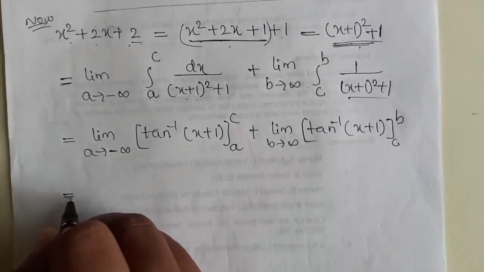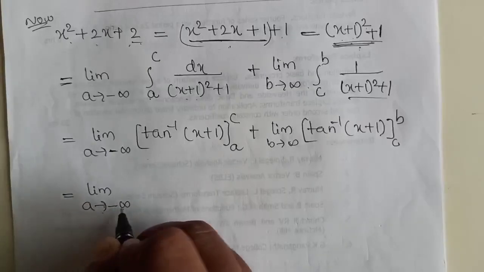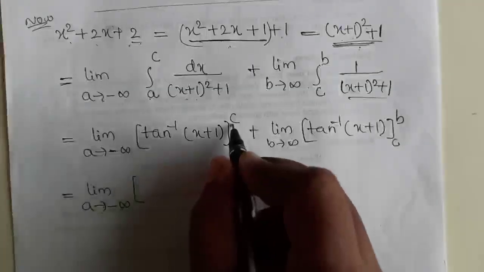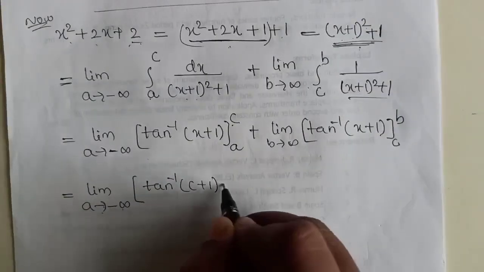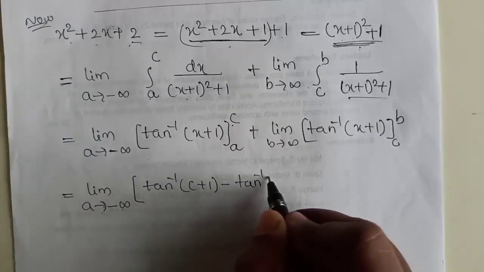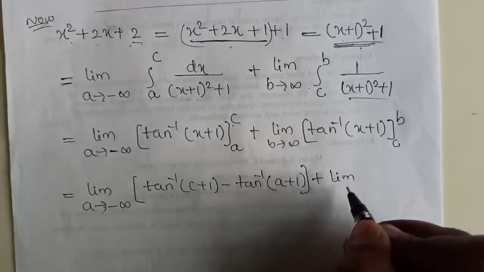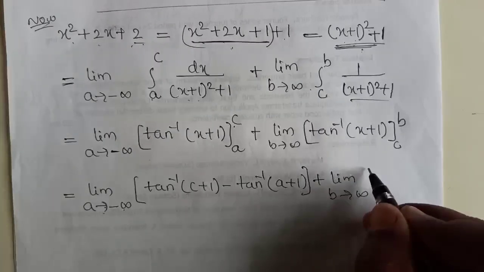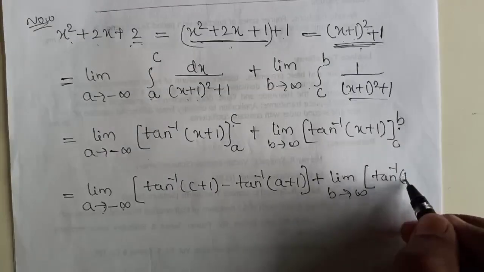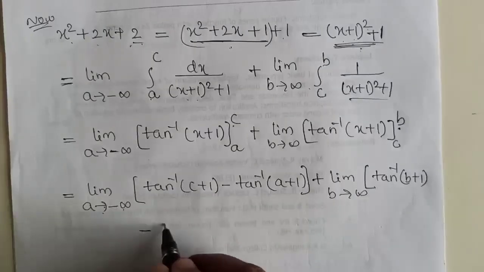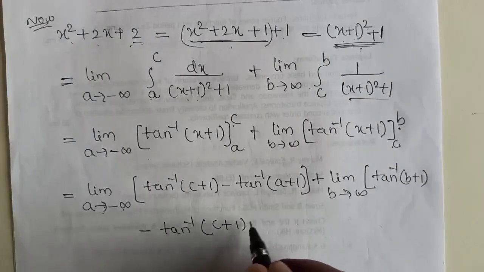Now applying upper and lower limits, we get limit a tends to minus infinity of tan inverse of c plus 1 minus tan inverse of a plus 1, plus limit b tends to plus infinity of tan inverse of b plus 1 minus tan inverse of c plus 1.